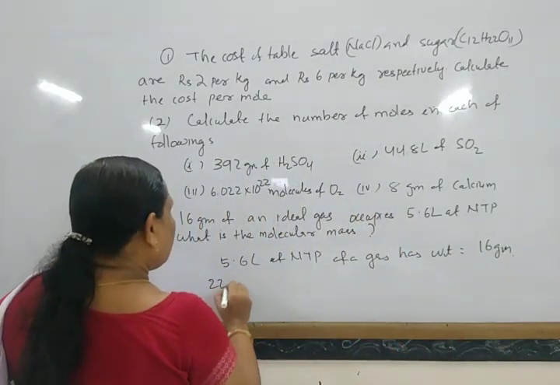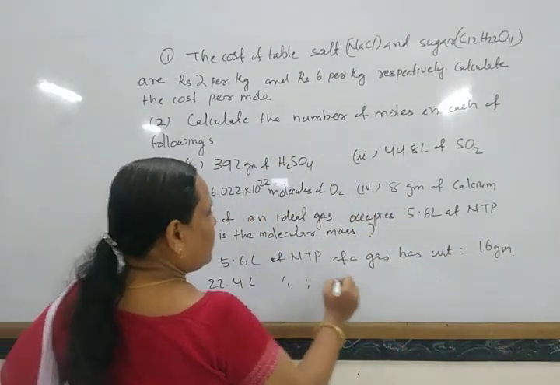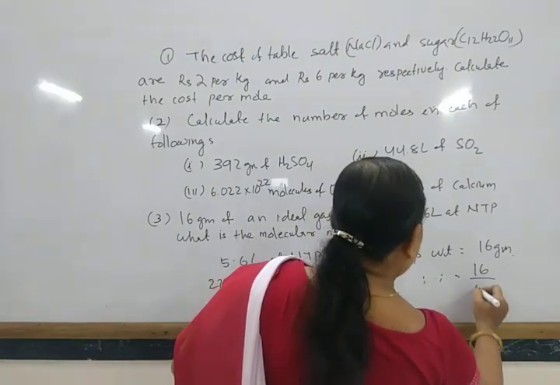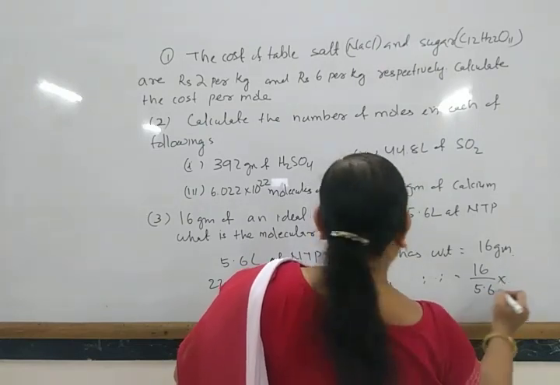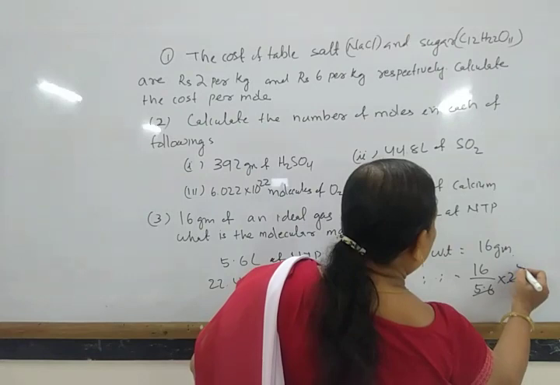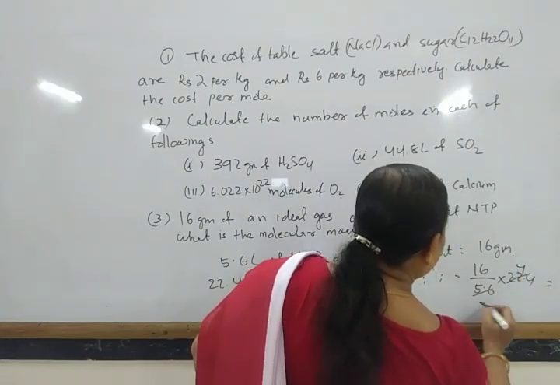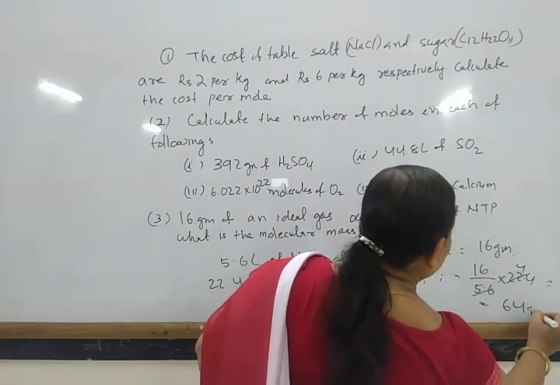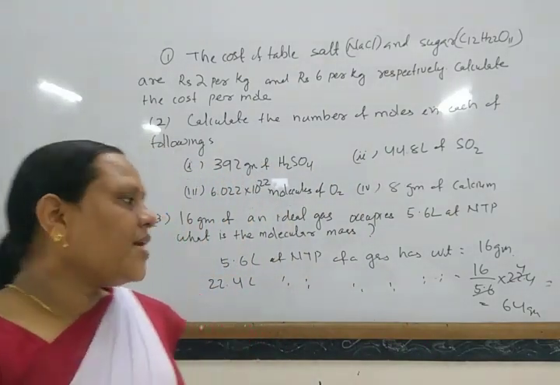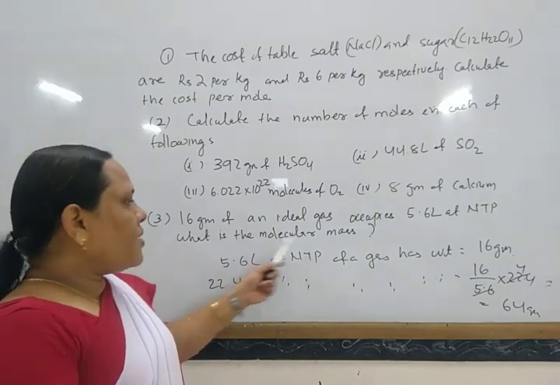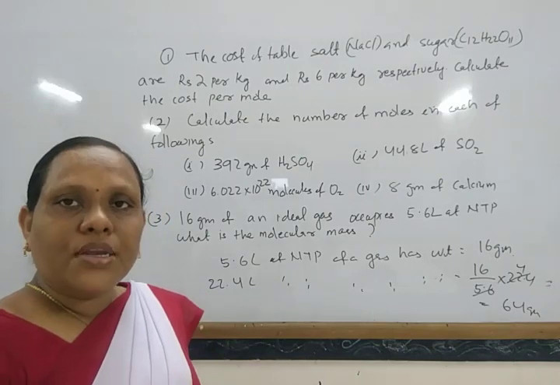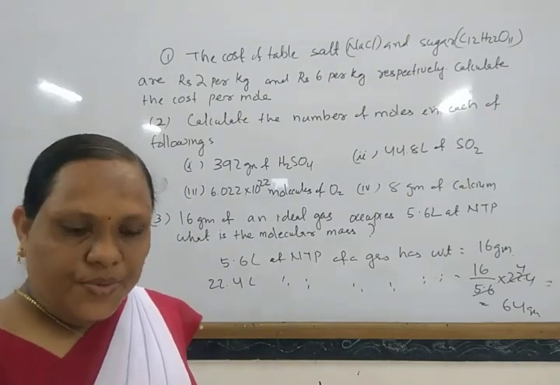Then 22.4 liter at NTP of the gas has weight 16 by 5.6 into 22.4, that is 64 gram. So its gram molecular mass is 64 gram, hence the molecular mass is 64 mu.